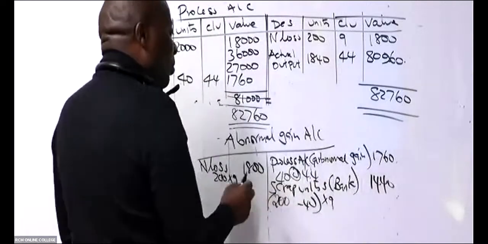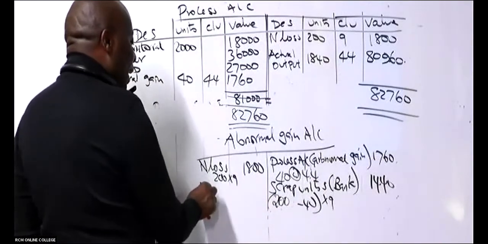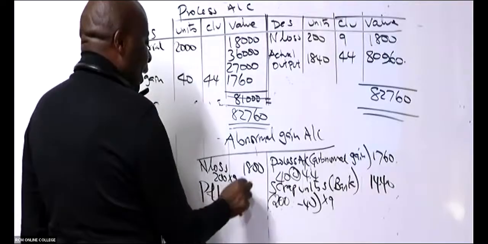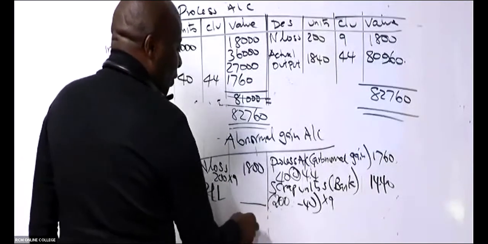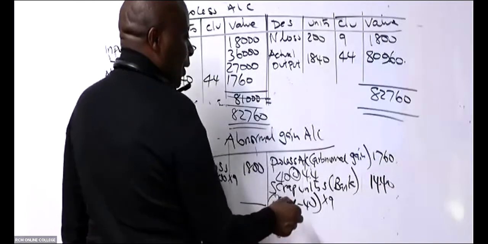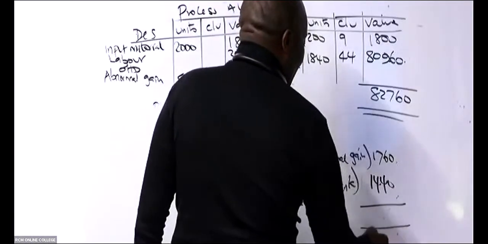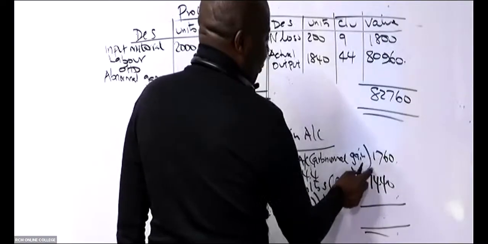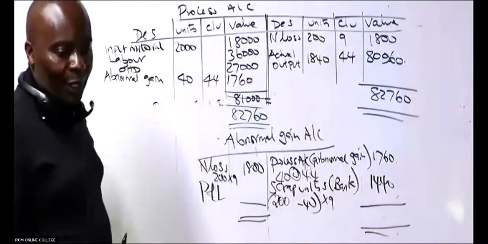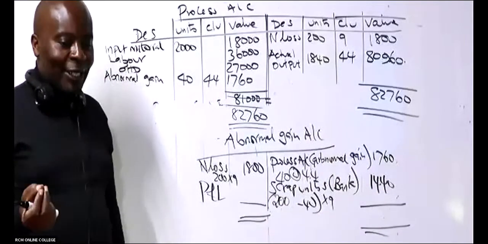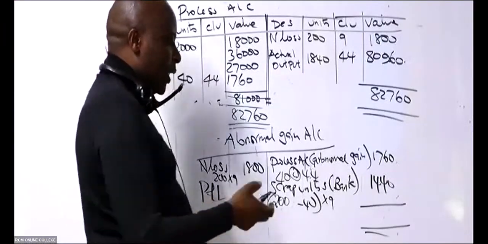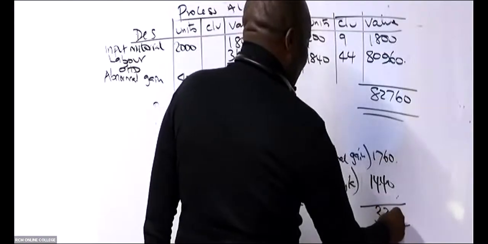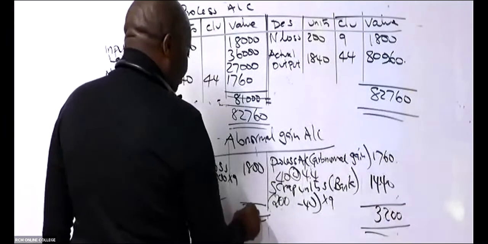Given that this is an abnormal gain, you are going to take a gain here to the P&L, profit and loss account. So come here and balance the two accounts, the two sides, I mean. Is there somebody who is able to give me 1440 plus 1760? How much are we getting? I'm so sure by the time I do the second one, you'll be very good. I'm being given a figure of 3200. So this side must also be 3200.